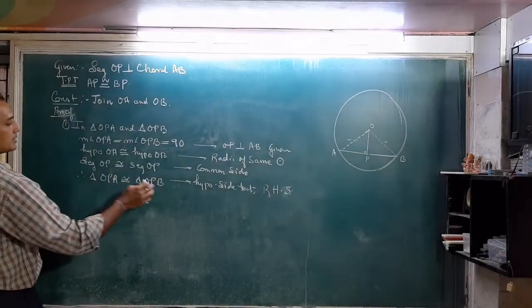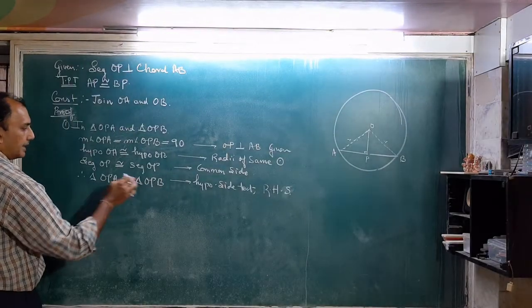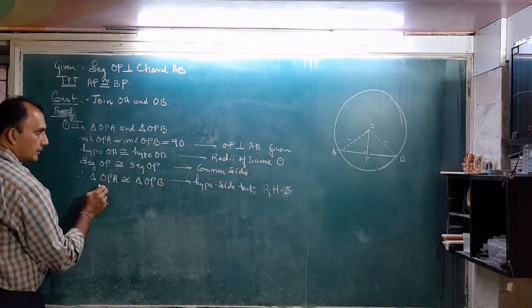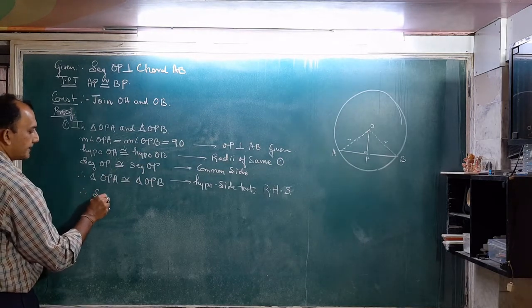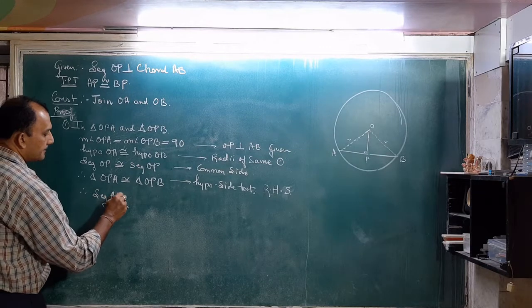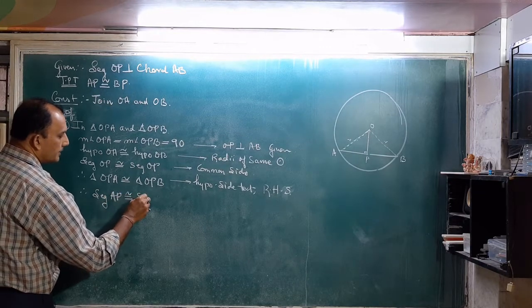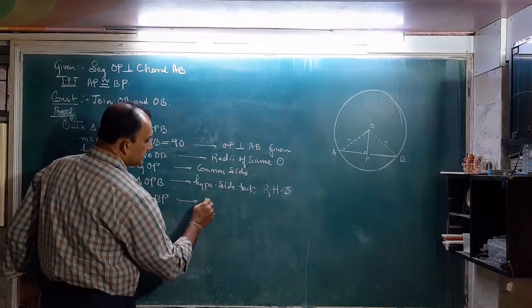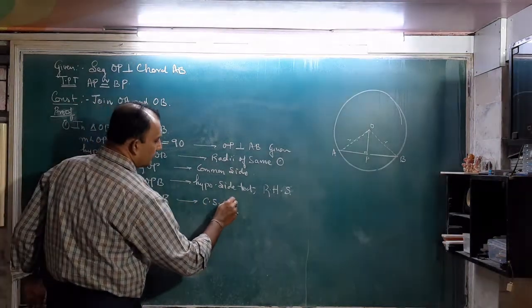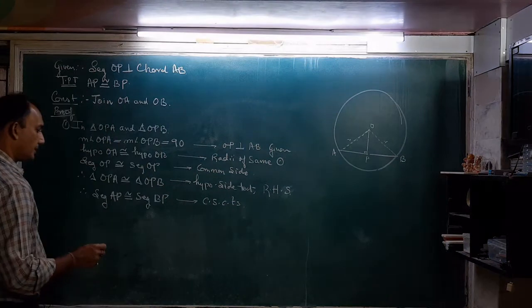So if two triangles are congruent, I'll get some spare parts for it. Therefore, seg AP is congruent to seg BP. Reason for this is corresponding sides of congruent triangles.